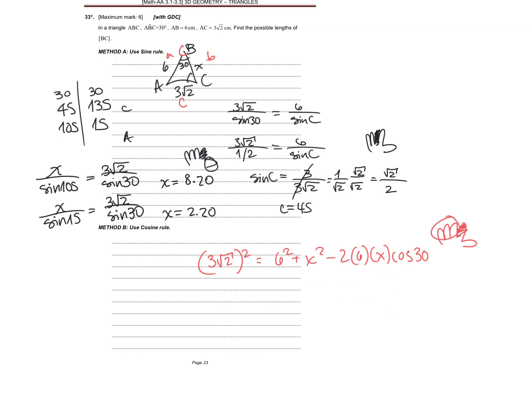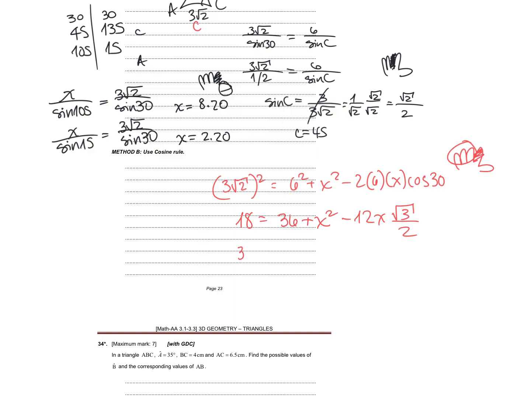So if we multiply through by 2, we're going to have 36, 72, 2x squared, and 12 root 3x. And then get it equal to 0, because it is quadratic. And that's going to be plus 36.